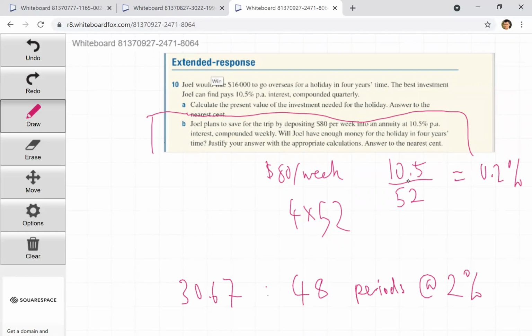So if you were to do 30.67 for 48 periods at 2%, how much money would you have? Oh, what?